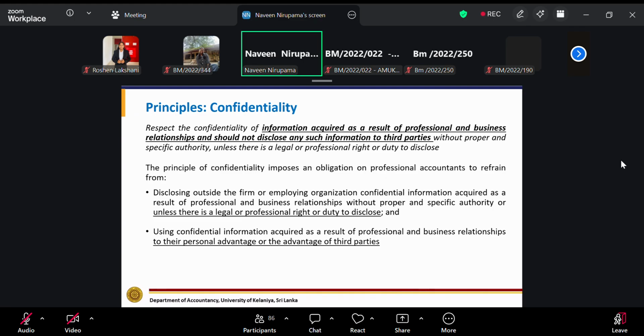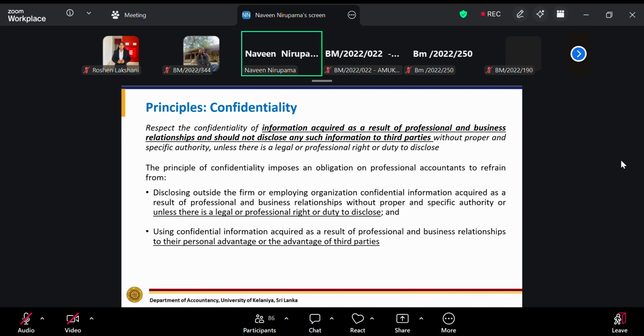The confidentiality principle says the professional should not disclose any information that is confidential to the organization to a third party.